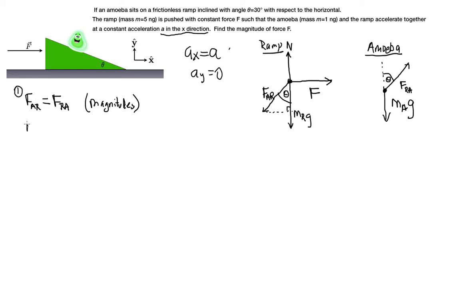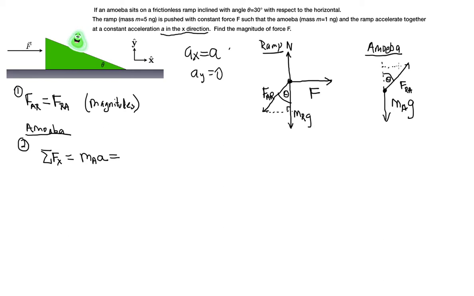So let's consider the amoeba and start writing down Newton's second law. So start with the third law wherever possible. Figure out your pair forces, and then resort to F equals ma. So if we consider the x direction, let's get going. For the amoeba, that gives us the mass of the amoeba times the acceleration. Remember, the acceleration in the x direction is given up here, and that's equal to the sum of forces. Look up here.